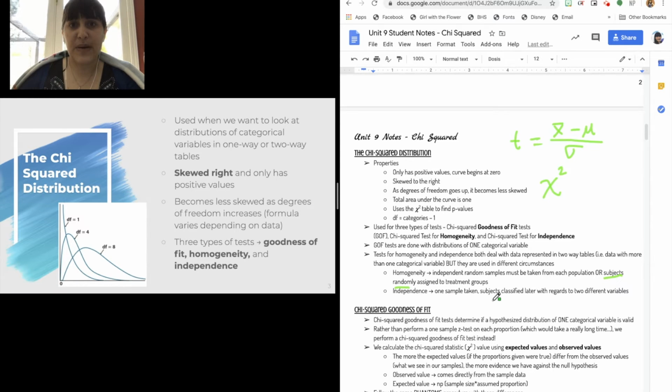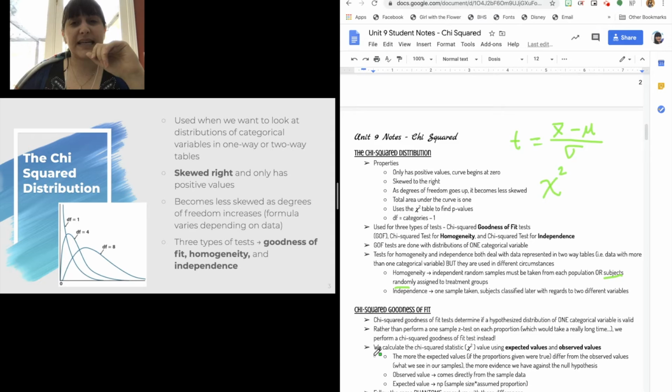Independence is when you take the sample, run the whole test, gather all the data, and then classify the subjects later. So there's no random assignment going on, essentially.